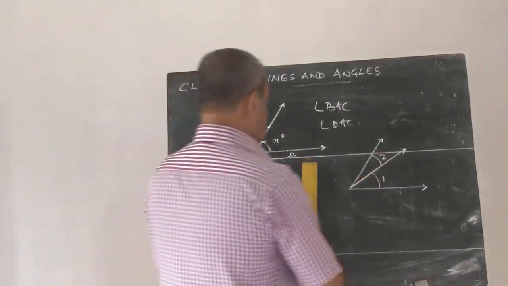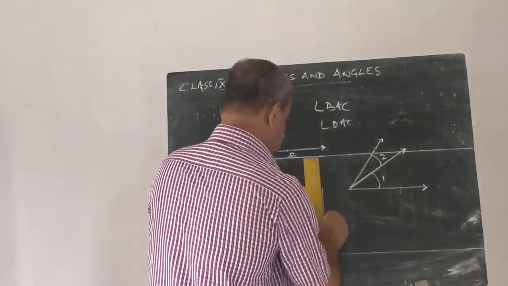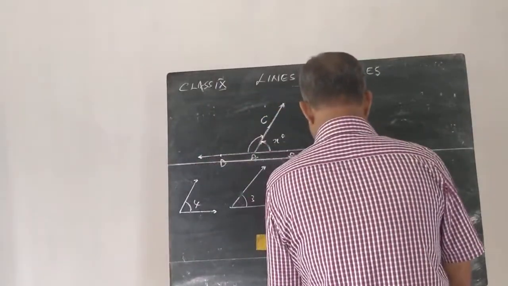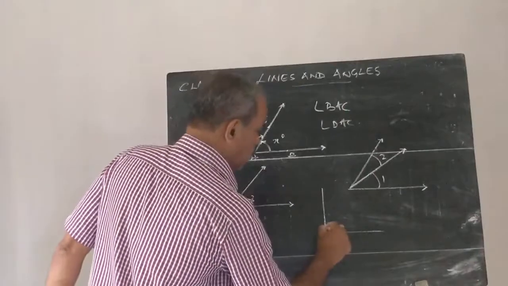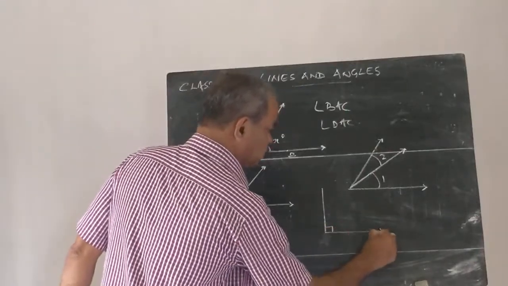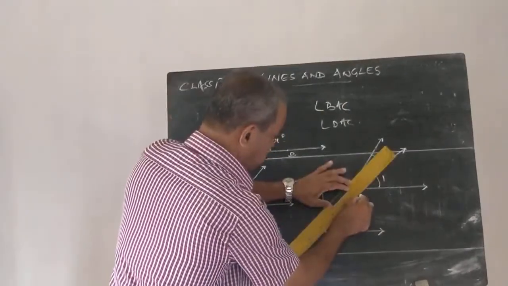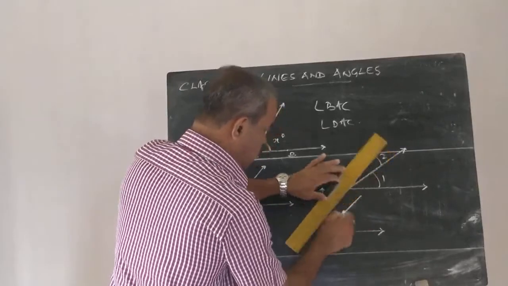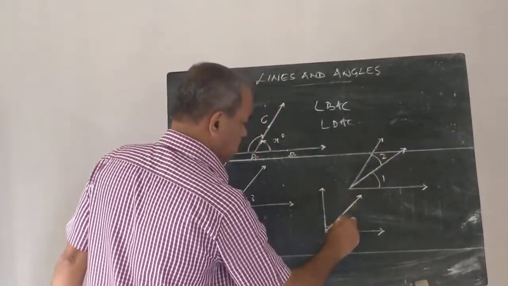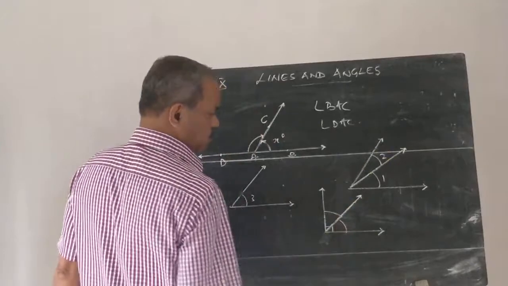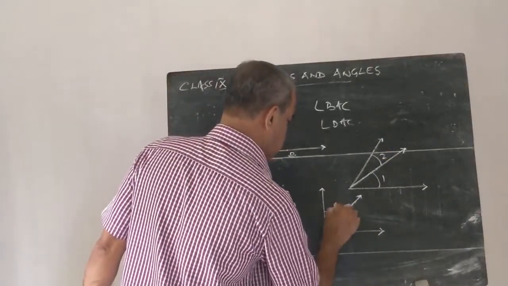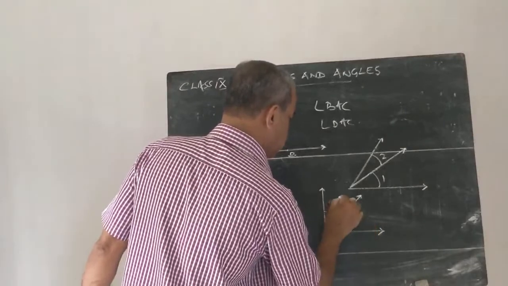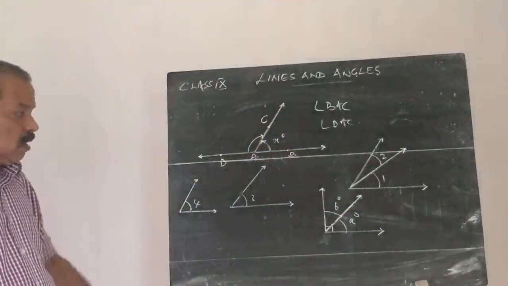Now, consider a right angle, and divide it into two angles, 1 and 2, with measures A degrees and B degrees.